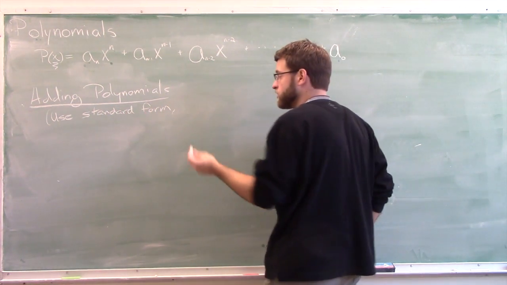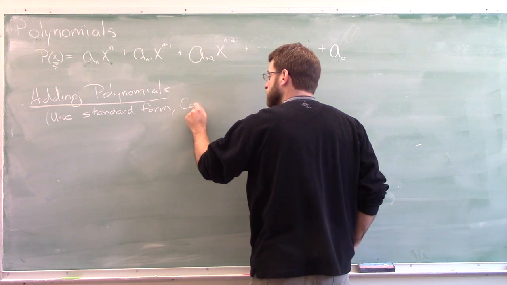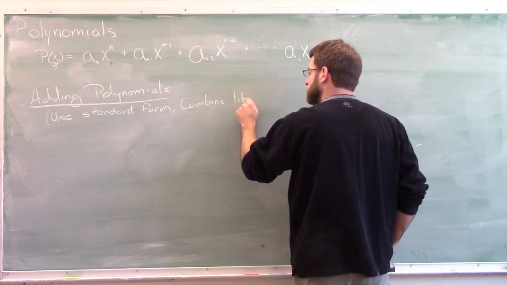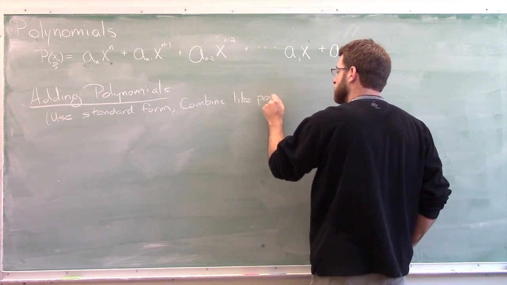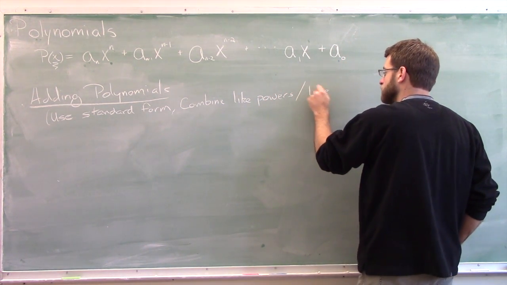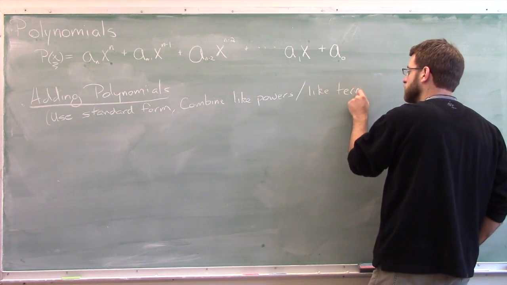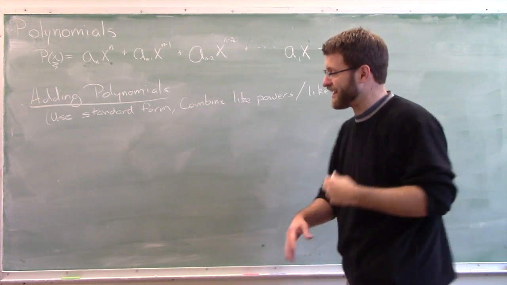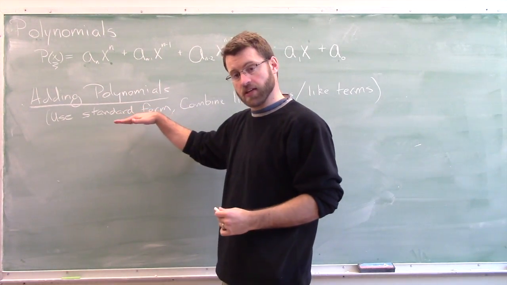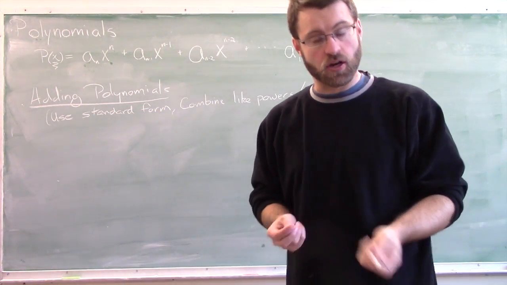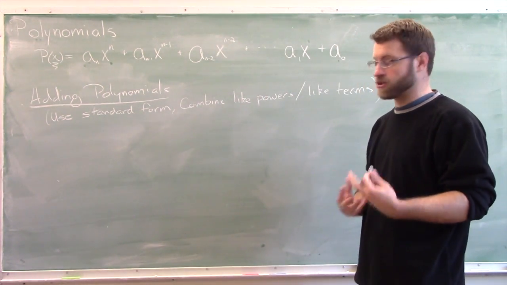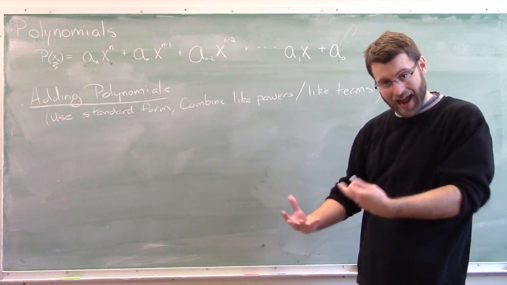And all we need to remember to do is to combine like powers, or combine like terms. Okay, so if I was going to add two polynomials together, if I wrote them down in standard form, that would help me to organize the computation. And then all I would do would be to combine like powers or combine like terms in the two polynomials, and that would be how I would add them together.